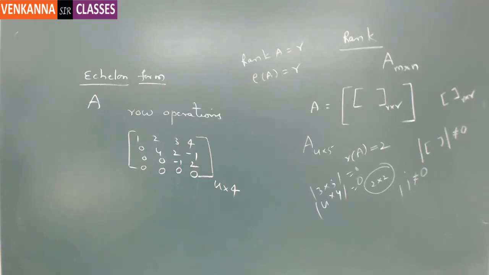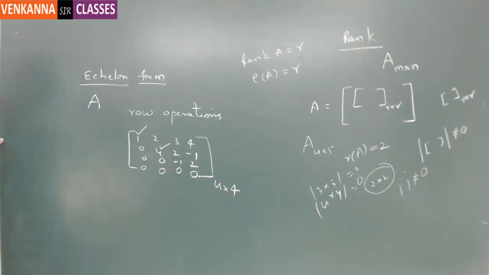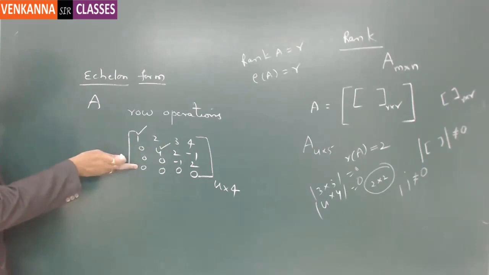After applying row operations, some rows will become 0, some rows will become non-zero. Here a 0 row means all the entries in that row are 0. So the observation or echelon form pattern of a matrix is that whenever you consider the principal diagonal values, all the values before it must be 0. So 0, 0, 0.